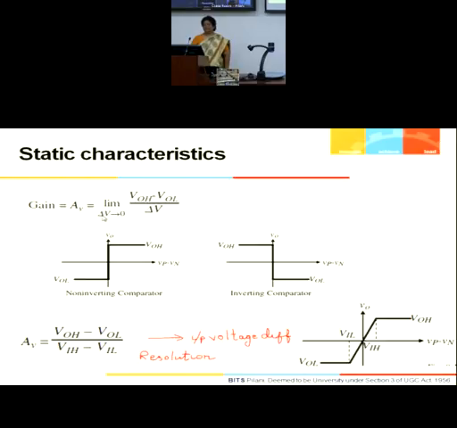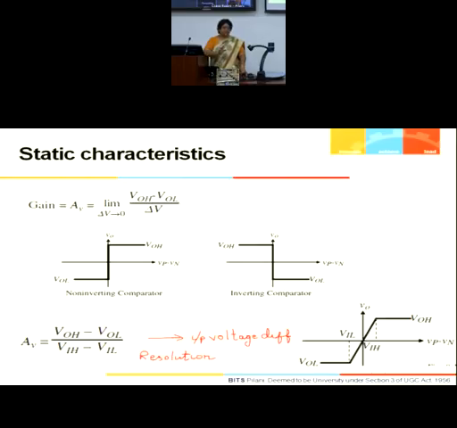And I would like this delta V, that is VIH minus VIL, to be as low as possible. Because even the minutest difference between the two terminals, the comparator should be able to detect and then give you an output. I would like this delta V to be 0. Accordingly, my gain should tend to infinity.